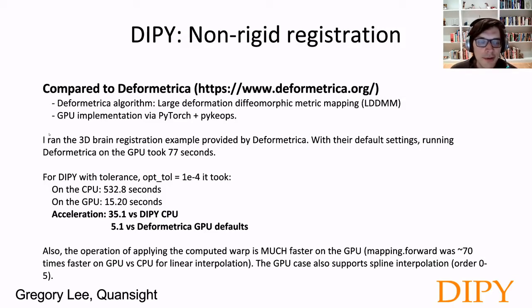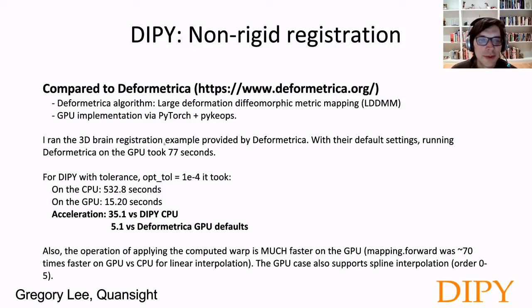So I took the example provided with Deformetrica using their default settings, and then ran that same data through the DIPY as well as the cuDIPY versions, and I just chose a tolerance of e to the -4 in terms of terminating the iterations, which in practice ended up being somewhere at 15 to 25 iterations per resolution level.